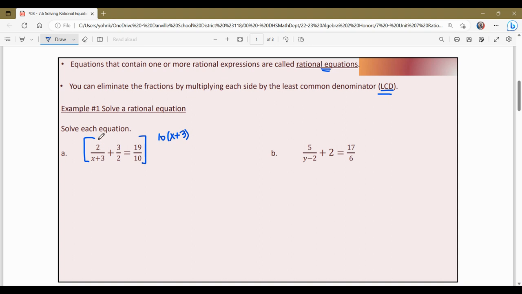Now I'm going to take each of my fractional portions of my equation and multiply it by this LCD. I'm going to write the first one out with lots of writing, and you probably aren't ever going to want to do this, but it'll help visualize. I'm going to take the first fraction, 2 over x plus 3, and multiply it by the LCD, which is 10 times x plus 3.